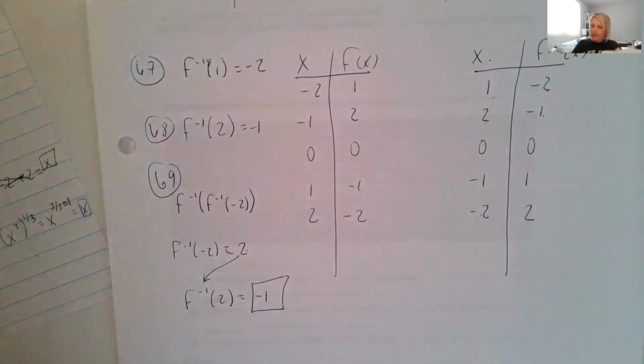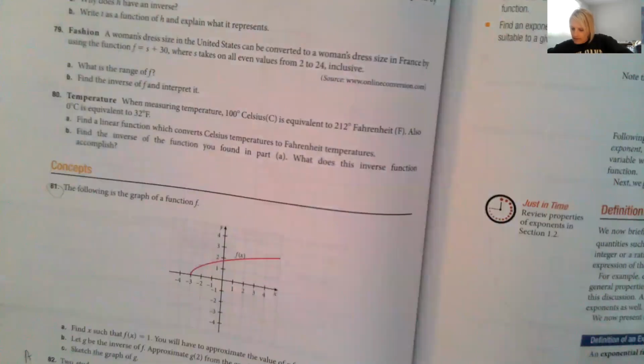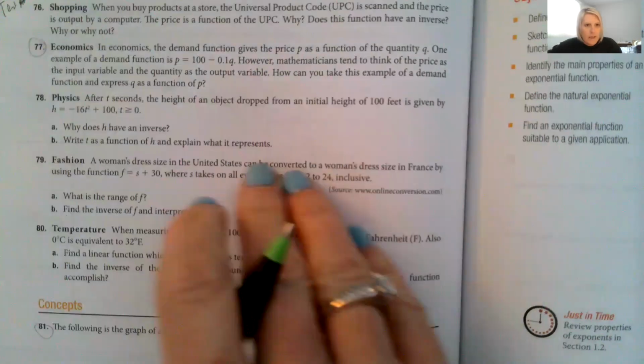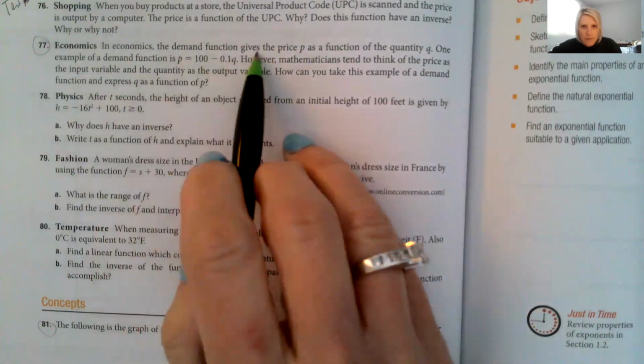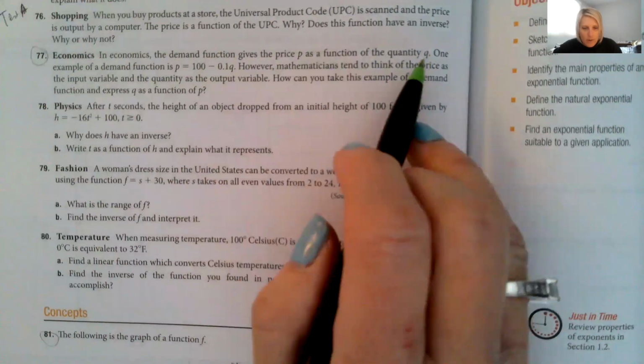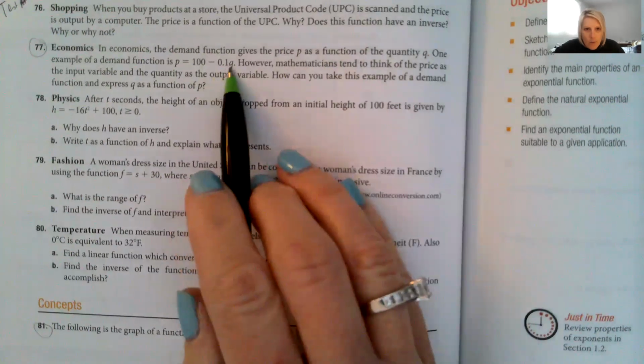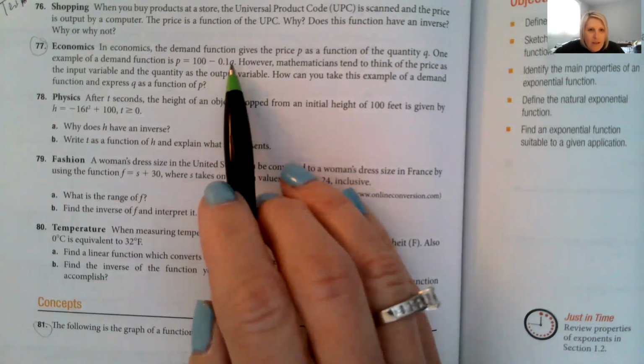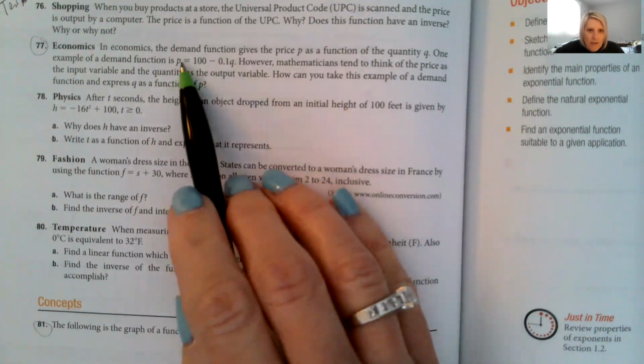And the last problem that I would like to look at is number 77 on page 330. It says, in economics, the demand function gives the price P as a function of the quantity Q. And it looks like as the quantity of demand goes down, the price is going to be more expensive.